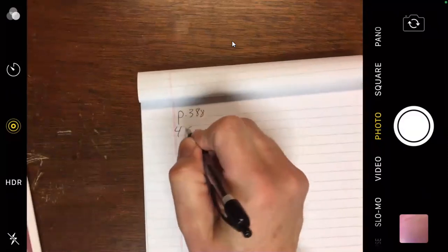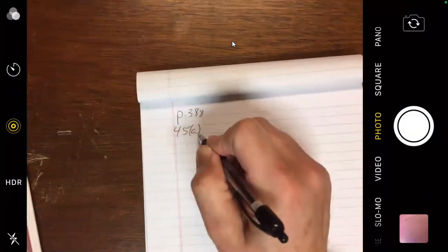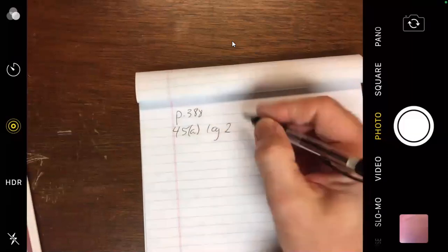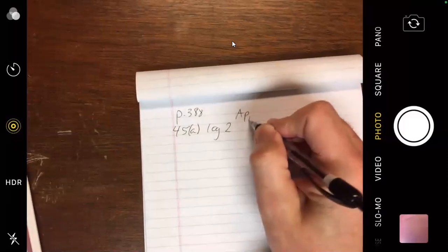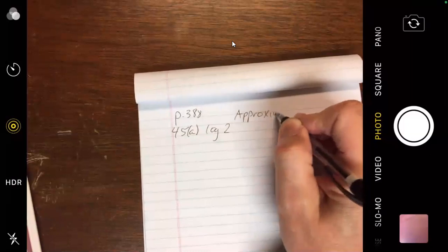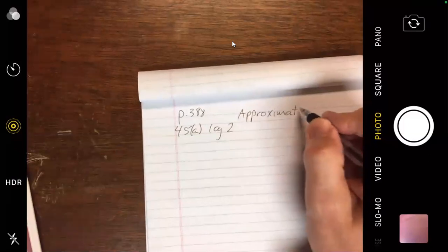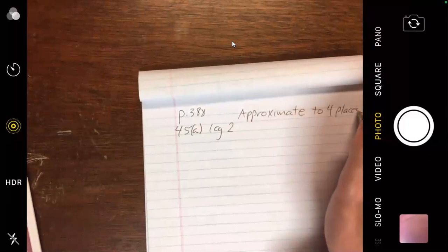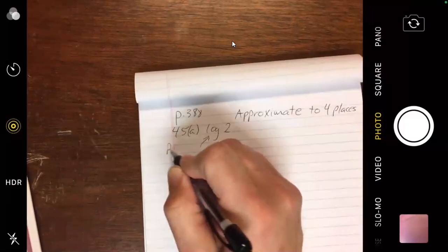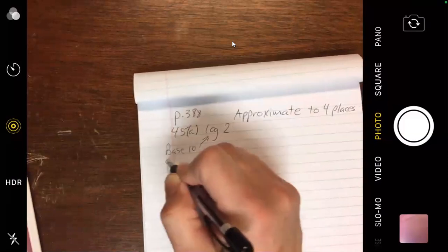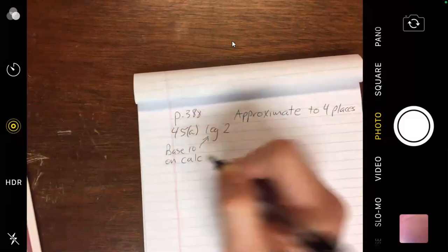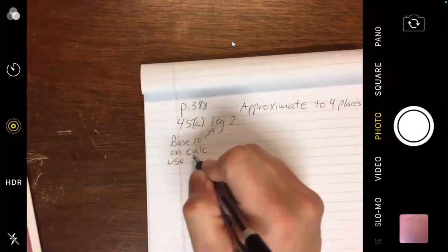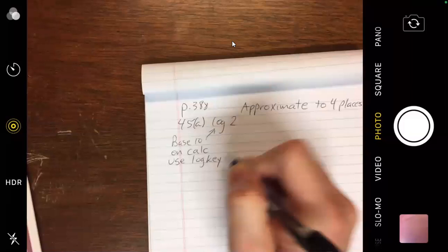Part A, log 2, and they're saying approximate to four places, pretty anal. LOG is base 10 on the calculator, so use your LOG key.